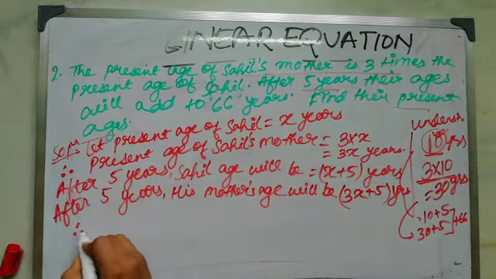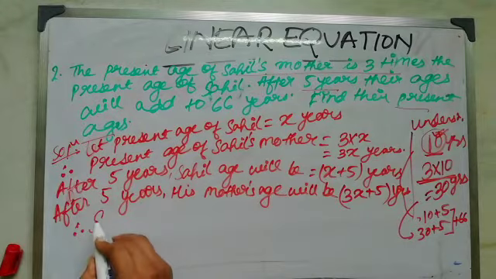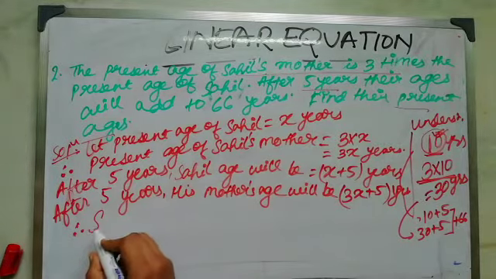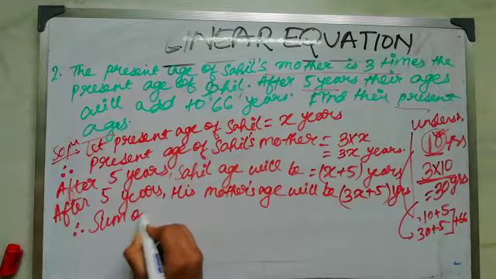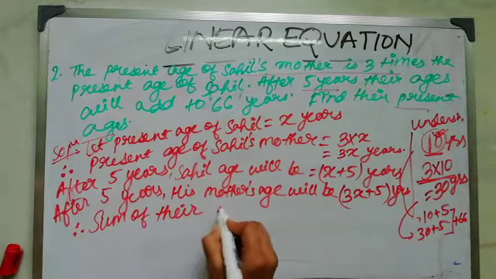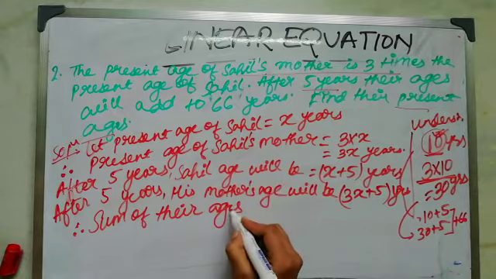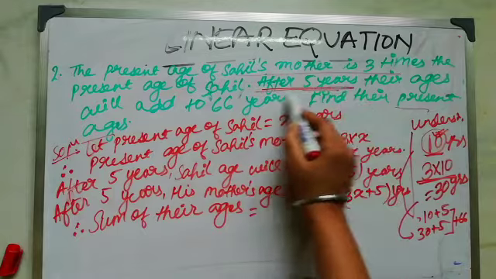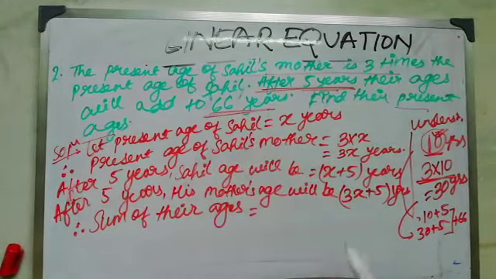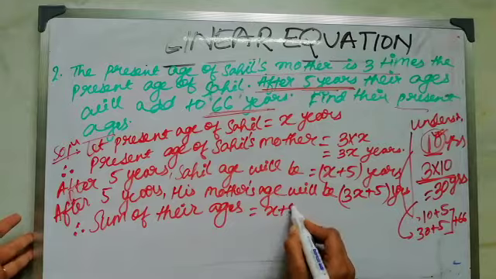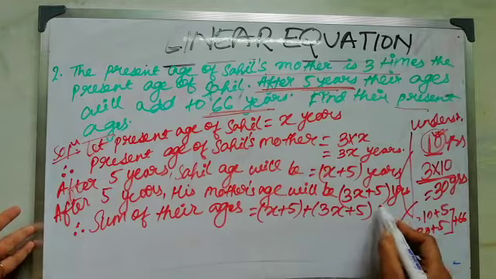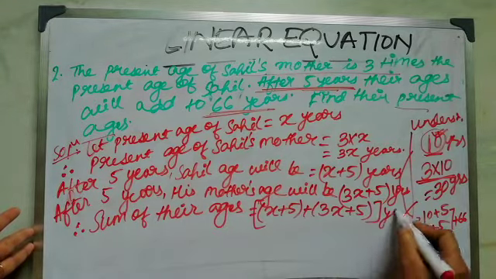Now, therefore, you can write here also as sum of their ages, or we can directly go by the problem. So, let me just write one step over here. Therefore, the sum of their ages after 5 years, because my question is telling that after 5 years their age is 66, will be x plus 5 plus 3x plus 5.